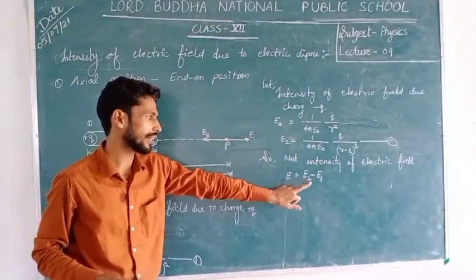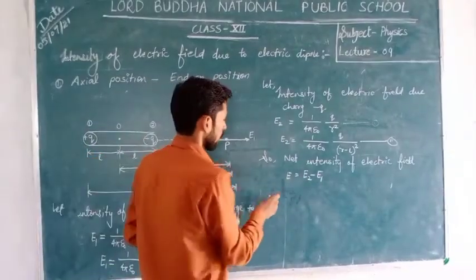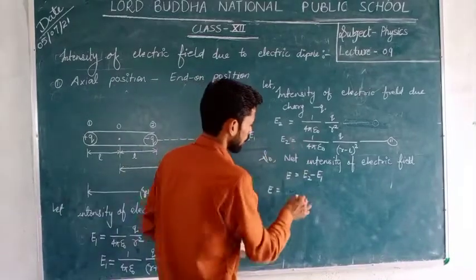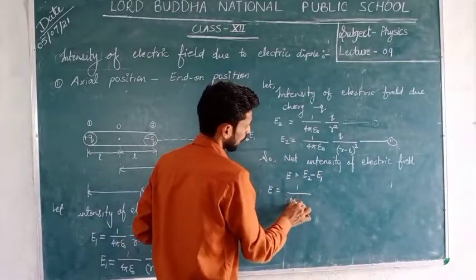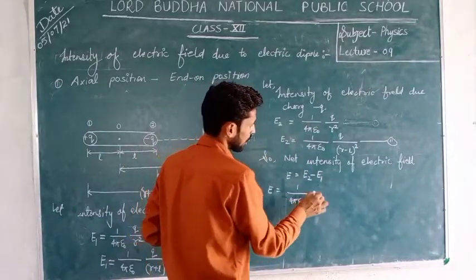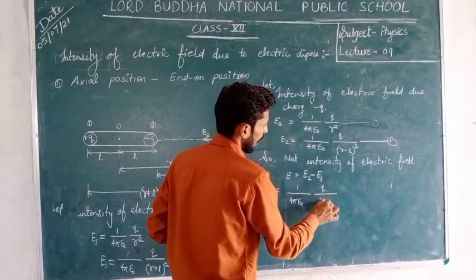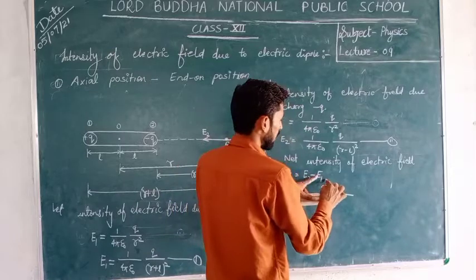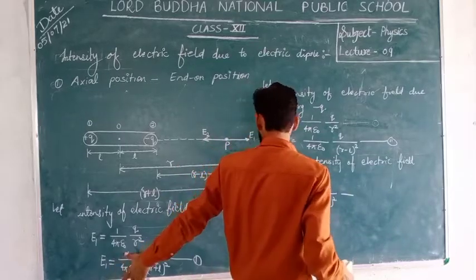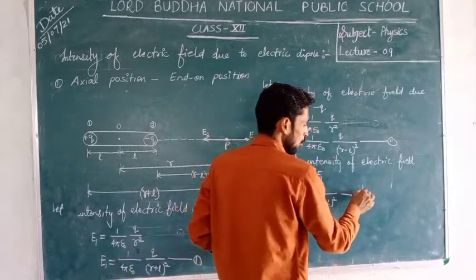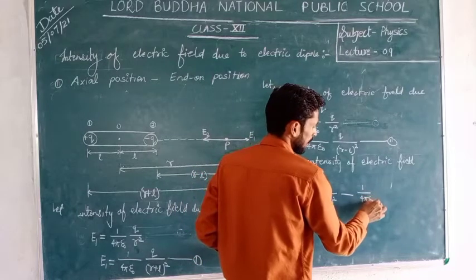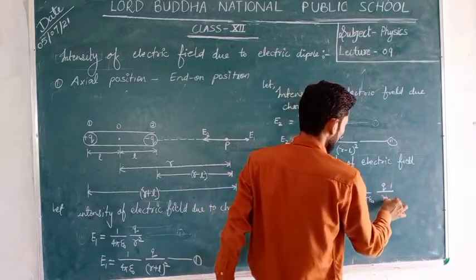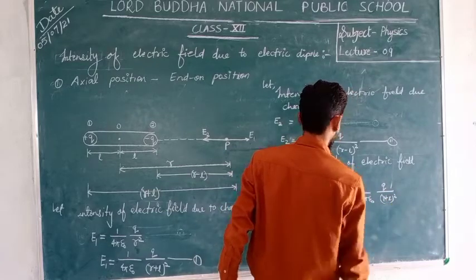So we are writing E2 minus E1 equals, in place of E2, we can write 1 upon 4 pi epsilon naught q upon r minus l whole square, and minus, in place of E1, we can write this formula, 1 upon 4 pi epsilon naught q upon r plus l whole square.